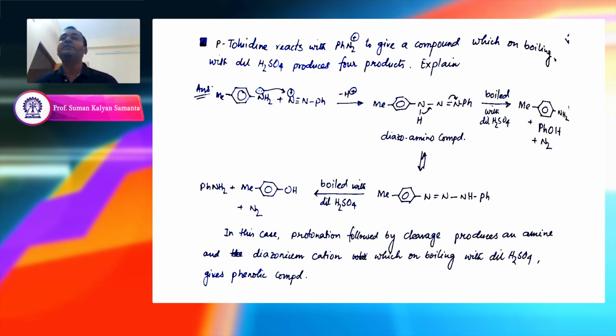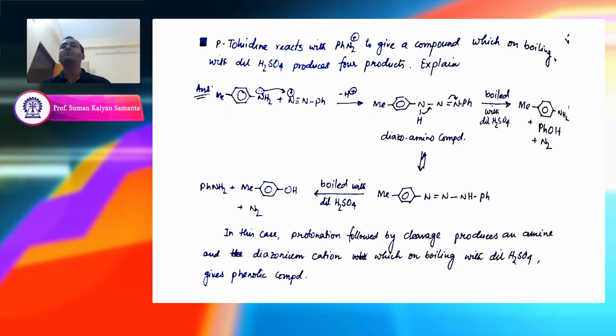Okay, this is just a problem corresponding to what we taught earlier. It says that paratoluidine reacts with benzene diazonium salt to give a compound which on boiling with dilute H2SO4 produces 4 products. Okay, so paratoluidine, this is para-amino toluene.